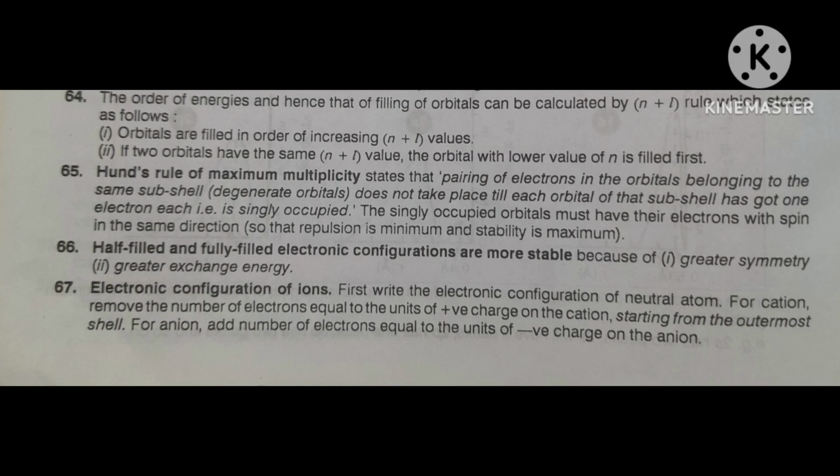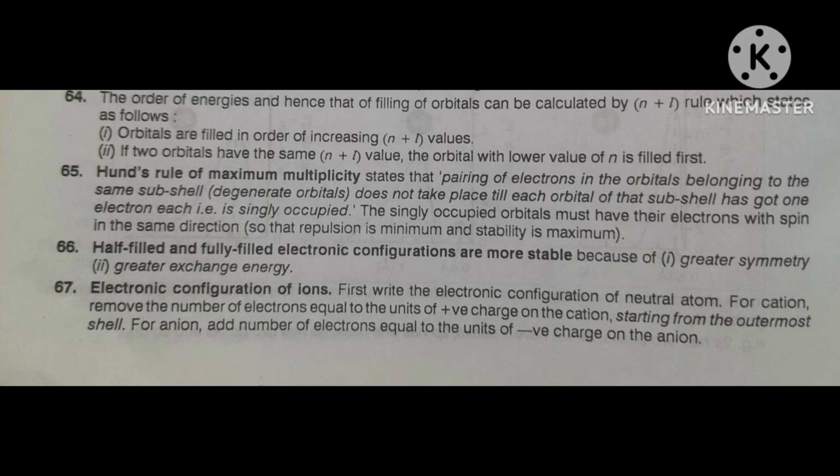Then here arrow signs are given showing how it will fill. First it will go to 1s, then to 2s, then the third arrow, you can see 2p, and then 3s. Next arrow, it will go to 3p, 4s. Again next it will enter through 3d, 4p, 5s.